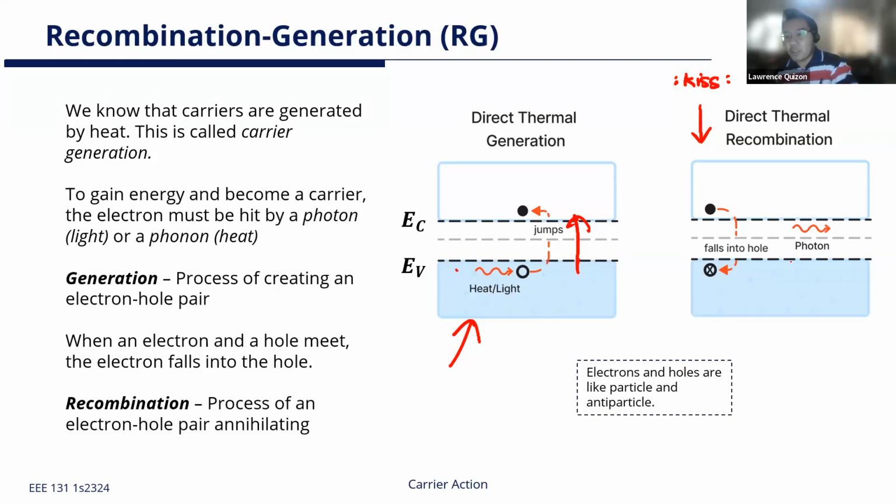So when it falls into the hole, it releases a photon. Just like matter and antimatter, when they meet, they annihilate, so you lose both the carrier electron and the carrier hole. Generation is the process of creation of pairs. Recombination is the process of annihilation of pairs of carriers.